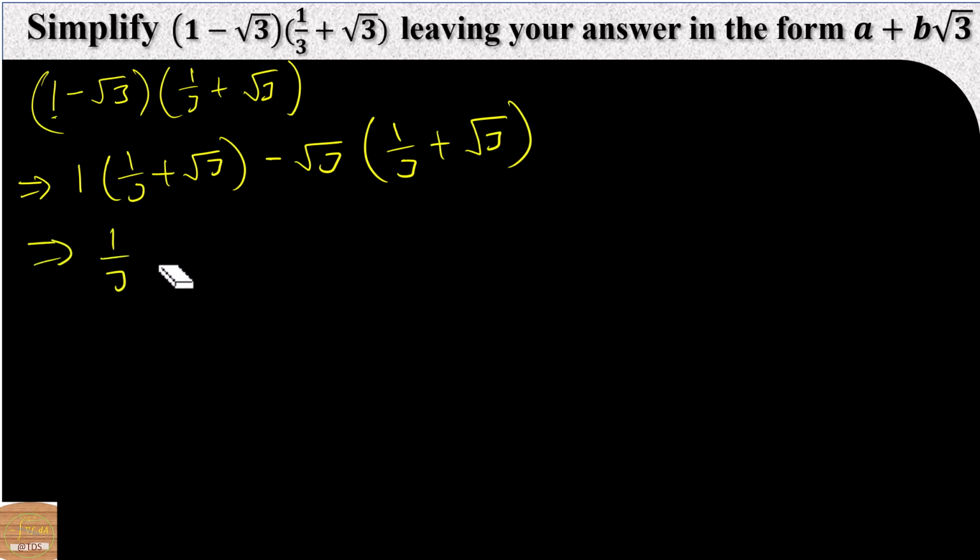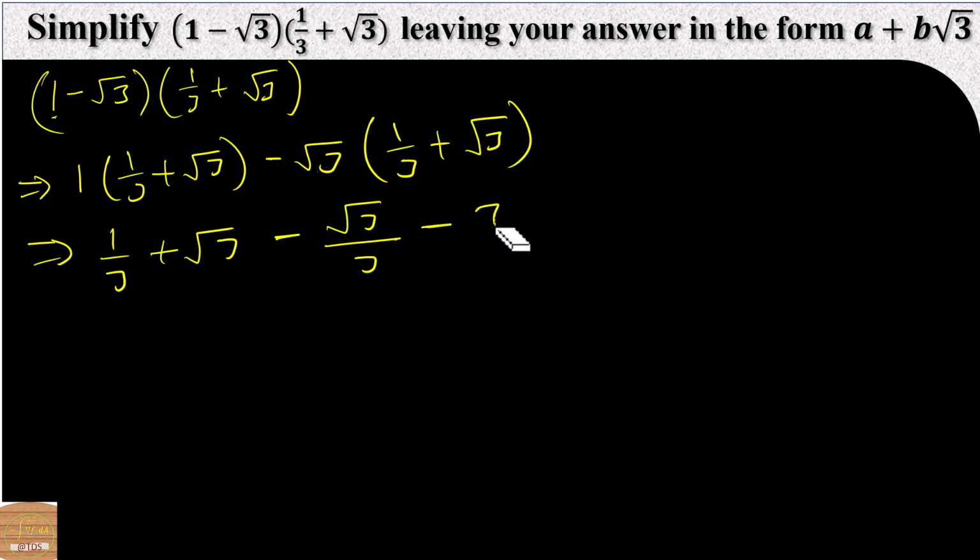Then minus 3 also takes the same thing. So 1 times 1 over 3 is 1 over 3, plus root 3. Now this one will be minus, so this one will be minus 3 over 3, with 3, with 3.